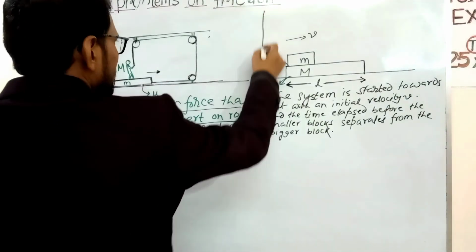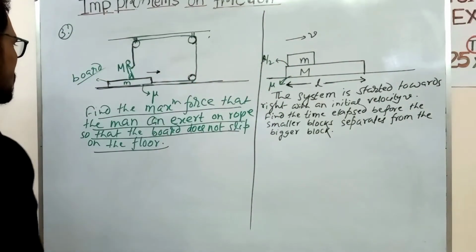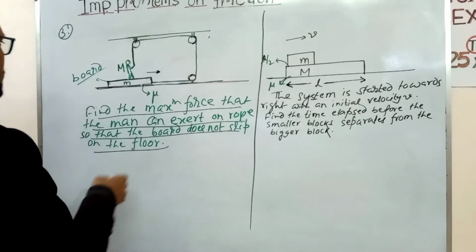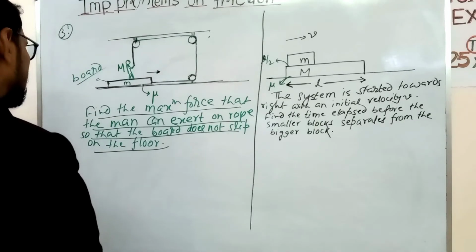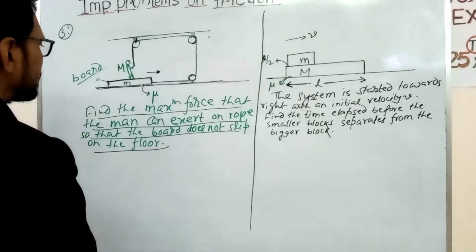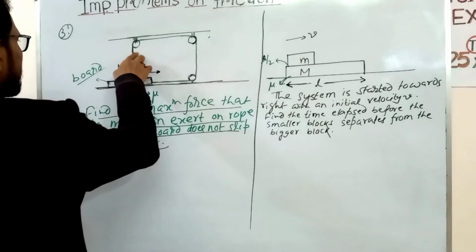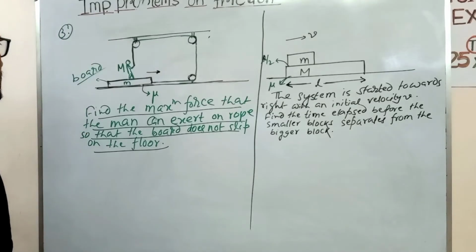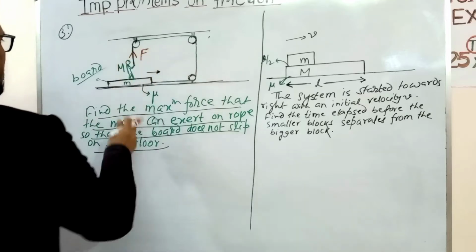And this is another question. First I discuss this problem. First we have to draw the free body diagram, then we can apply the equilibrium condition. Suppose the man exerts the force F pulling in this direction.